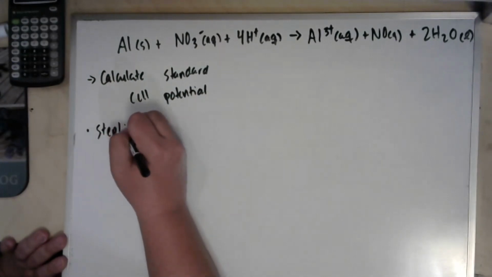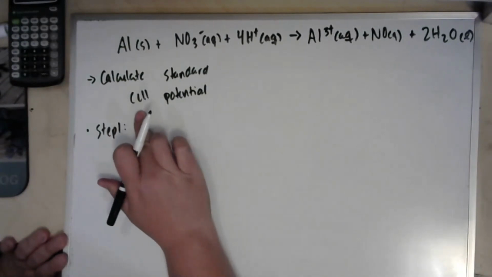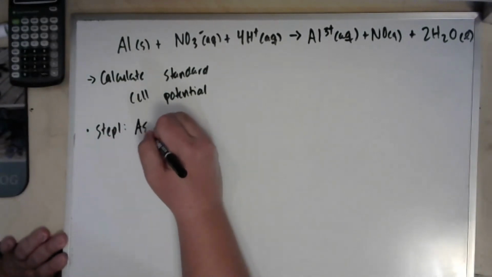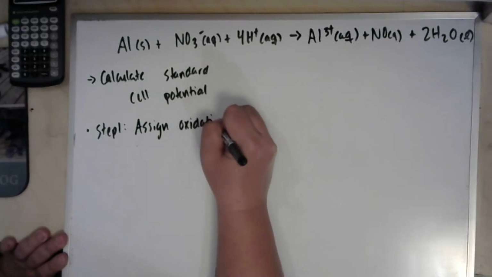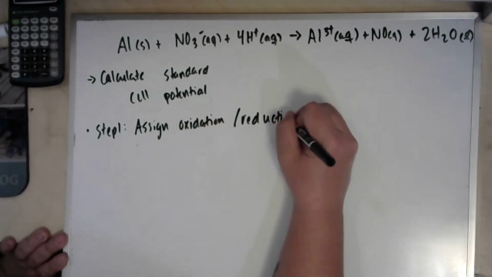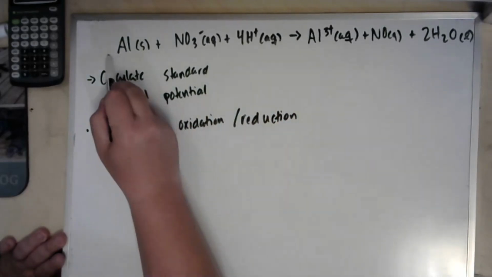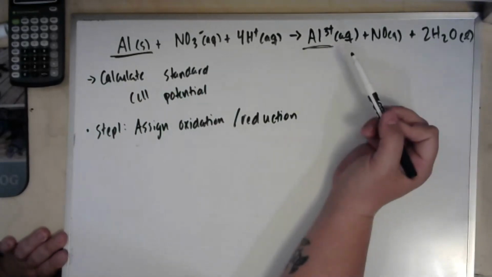Okay, so step one is going to be to assign oxidation and reduction. In this case, it's pretty easy to see because our solid aluminum is forming aluminum 3+.